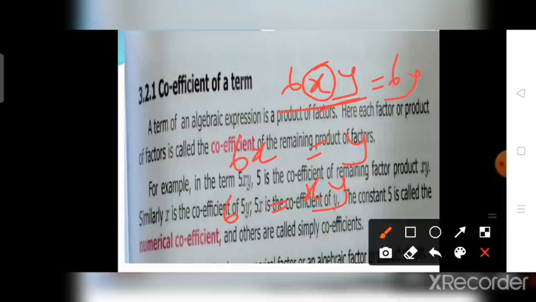A variable coefficient is just called coefficient, and a number coefficient is called numerical coefficient. The coefficient of xy is the remaining 6. Are you understanding? Whichever coefficient you find, the remaining part is the answer.